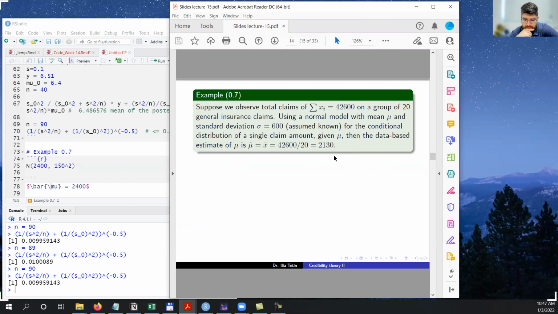The distribution should be different to get us the Bayesian estimate. Okay, so what is happening here? So mu bar should be equal to mu 0. Then if we have it 1 over n.